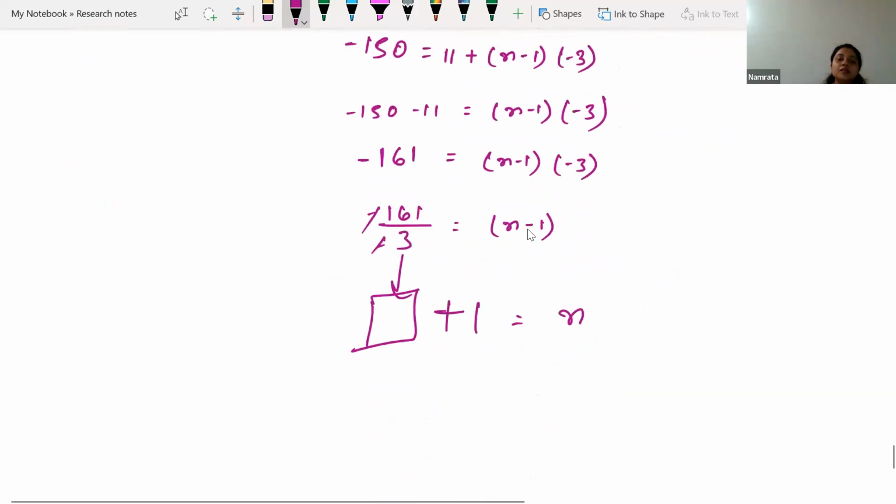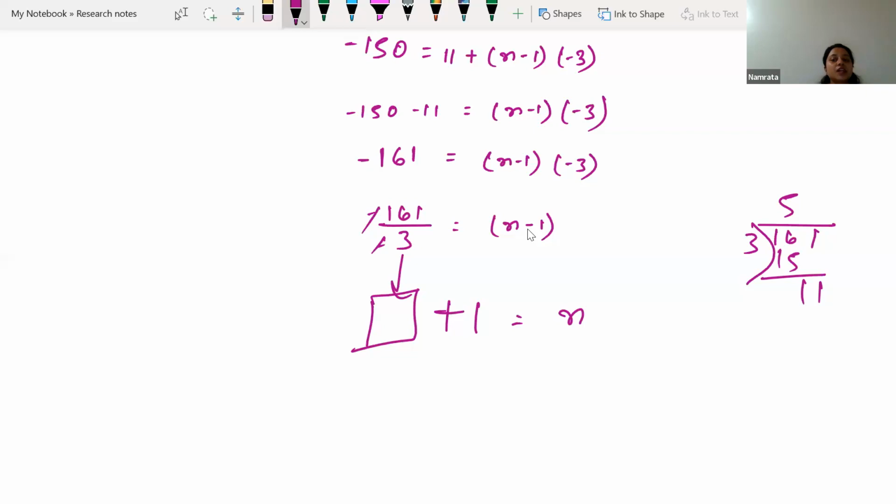Right? So if you divide 161 by 3, for your clearance, 3 5 times 15, 3 3 times 9, 3 4 times 12. So 3 3 times 9. So you will be getting 53.6666, or 67 we can say.